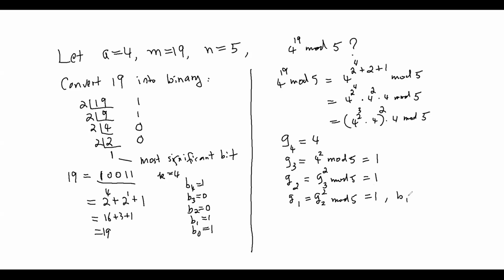Now, B1 is 1, so what we do is multiply G1 with 4 and mod 5. G1 is 1, so this is equal to 4.